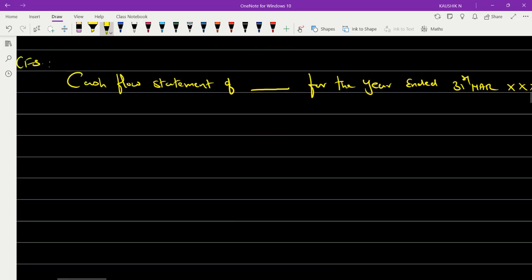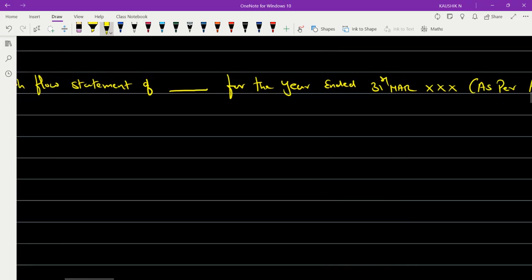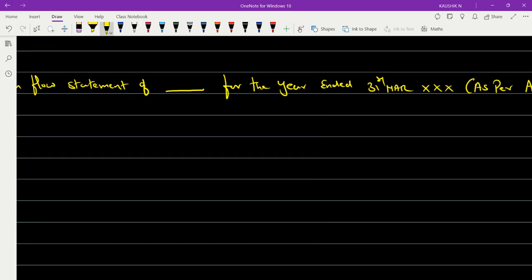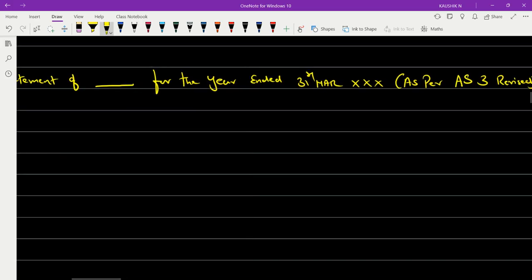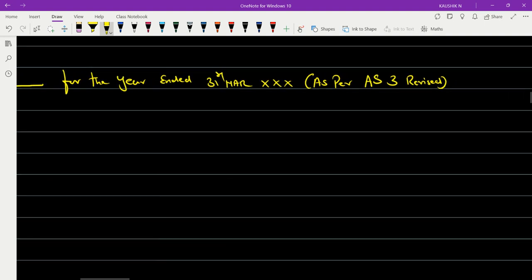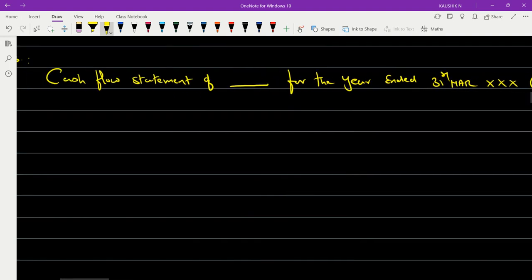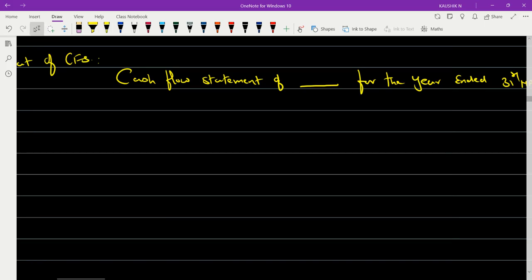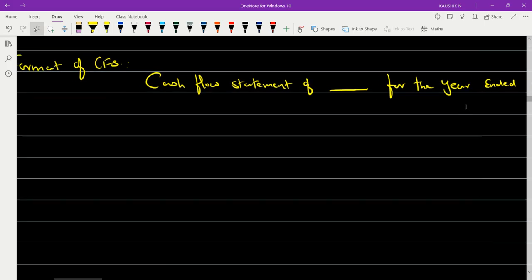So this is what it mentions: cash flow statement of the name of the company for the year ended 31st of March, the year, and within a bracket as per AS3 revised. Followed by this, now let us fill up the contents.